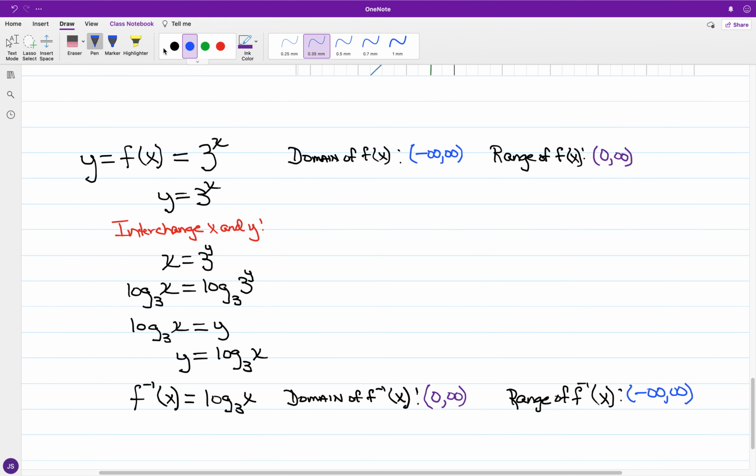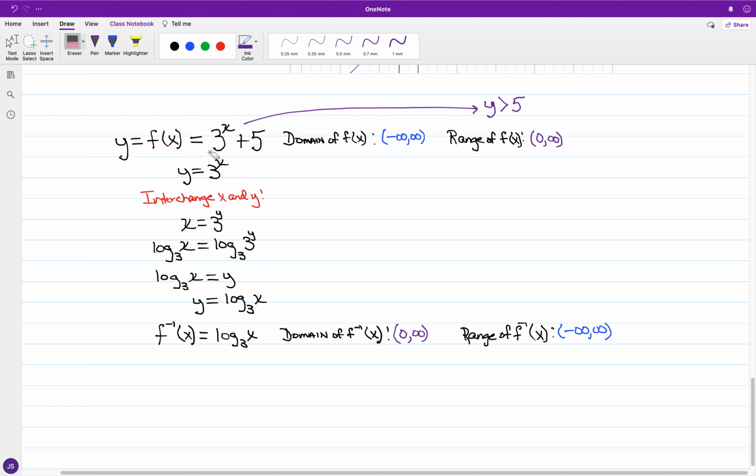And let's say this time I have 3 to the x plus 5. In the case of the range, with the plus 5, your range is going to be the set of values y, which will now be greater than 5. Think of it like this: the smallest possible positive number plus 5 is going to be slightly greater than 5.